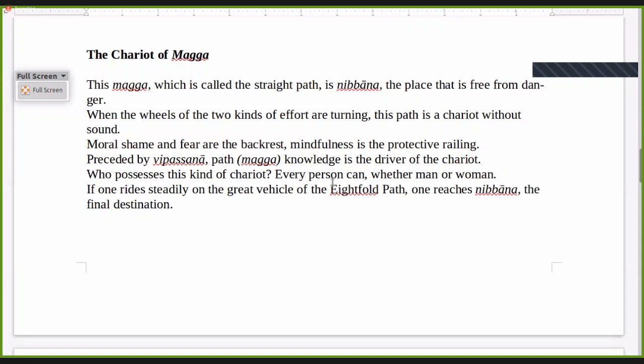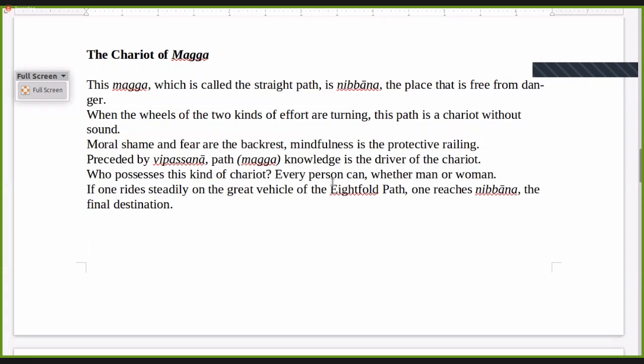So the proximate knowledge which has to be developed for the promotion of right view concerning the Ariya Mega is right view concerning vipassana.